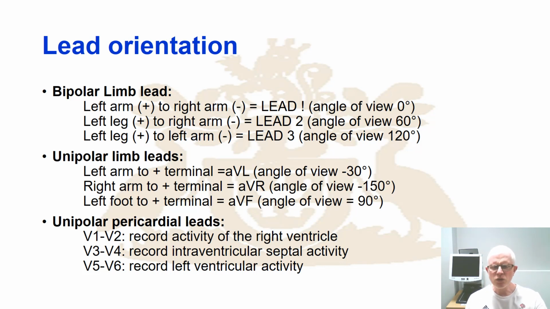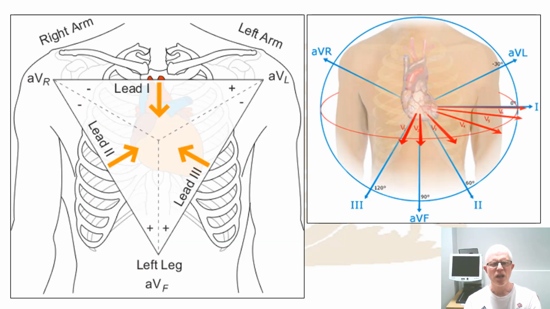So we've got multiple uses of those. The net result is that it's 12 leads using 10 electrodes. And now what we have is this three-dimensional representation of what is going on in the heart using the electrical activity.